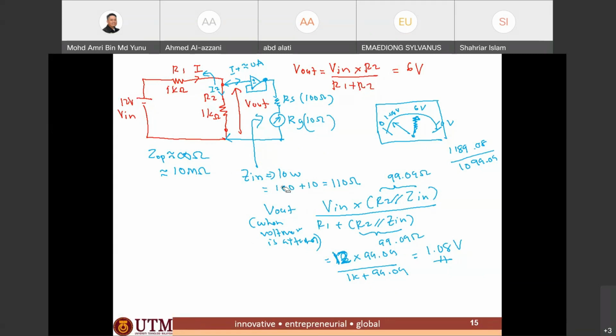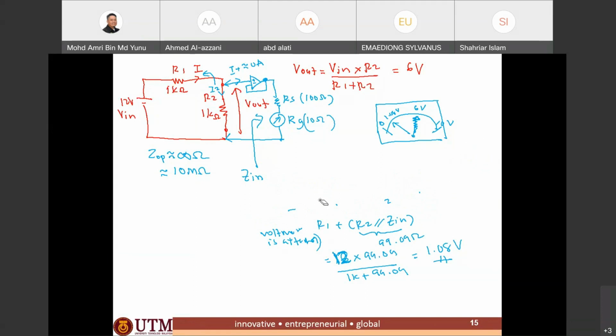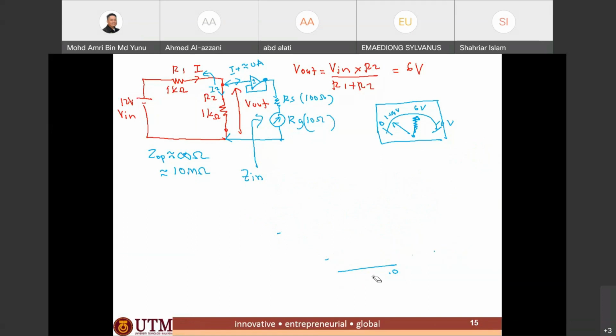It will be Z op plus RS plus RG. So it will be 10 mega ohm plus 1110.